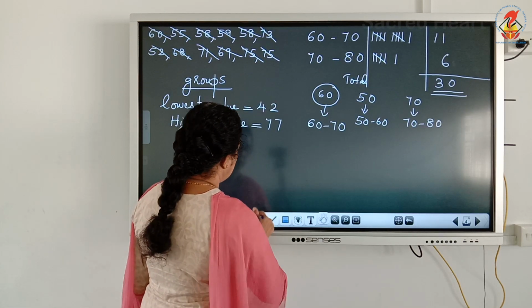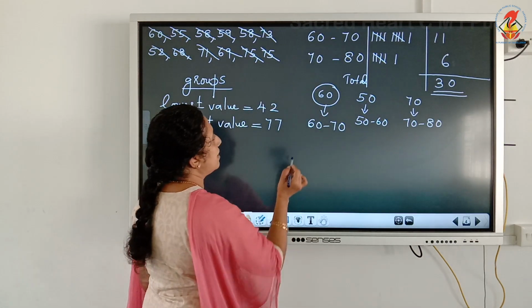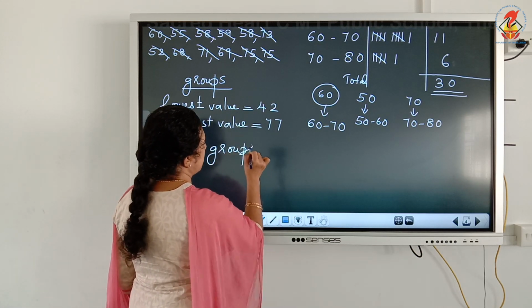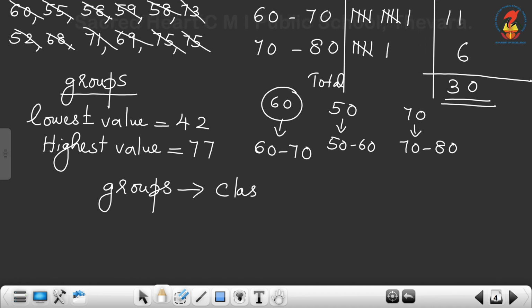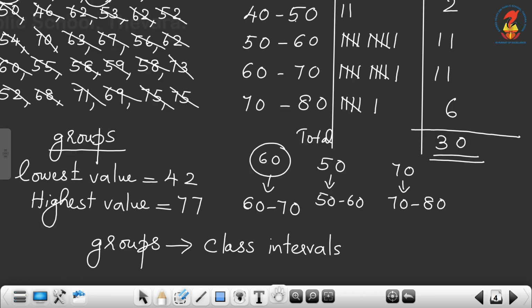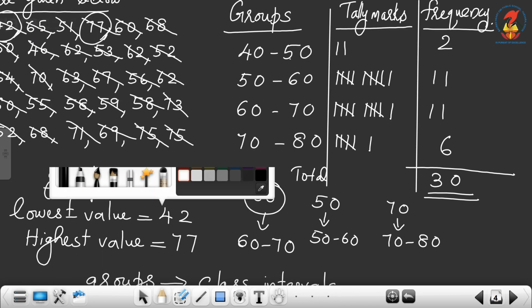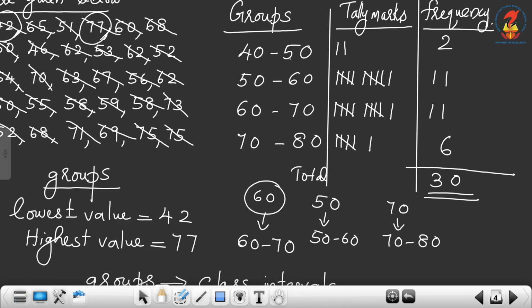The groups are known as class intervals. So instead of writing groups, we can write class intervals.